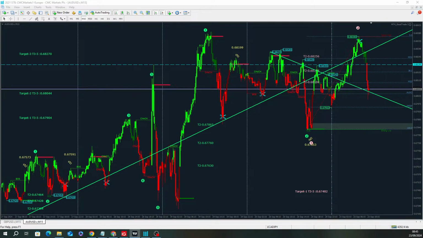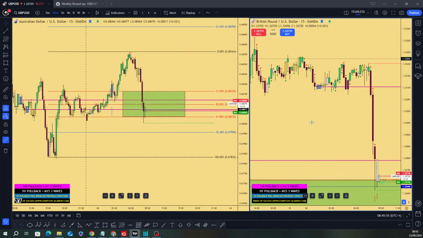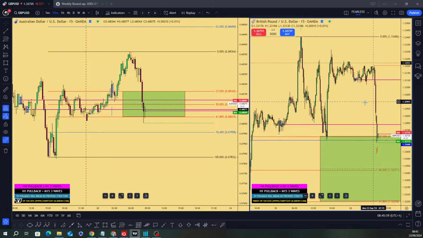Okay, so I've got the pound and the Australian dollar side by side, so we can keep an eye on these pairs together.